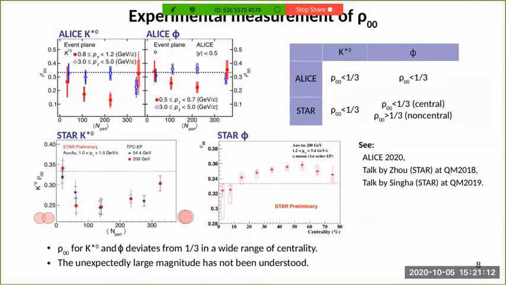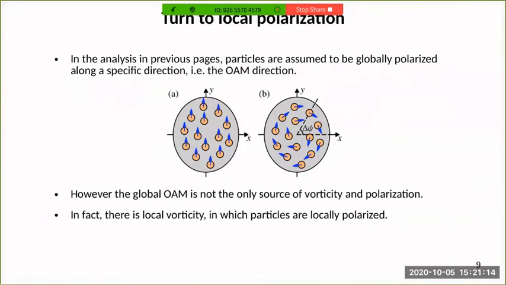So in the analysis on previous pages, people always assume that particles are polarized globally along a specific direction. In the case of the global polarization, that direction is the OAM direction. However, we know that the global OAM is not the only source of vorticity and consequently the polarization. In fact, there is local vorticity in which particles are locally polarized.